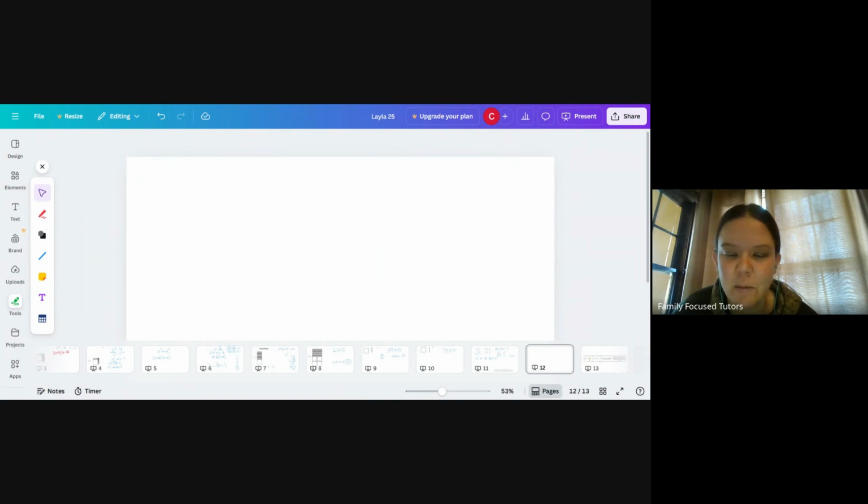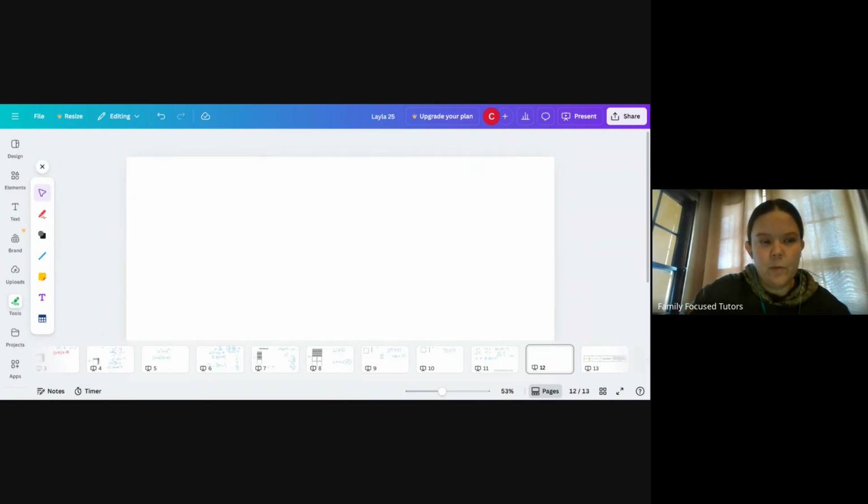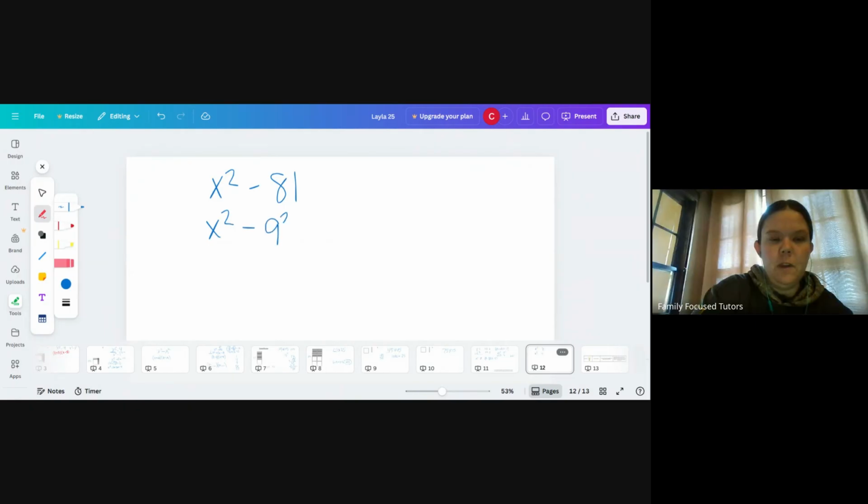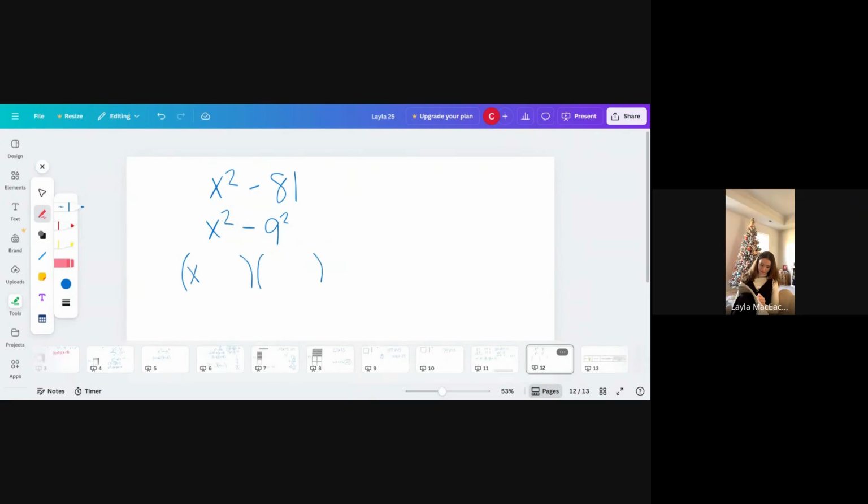So number 6, x squared minus 81. Oh, it's actually x squared minus 9 to the second. Yep. So your two factors are x minus 9 times x plus 9, right?